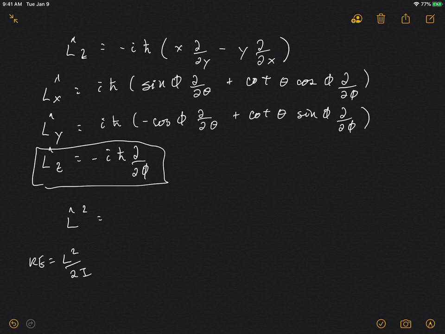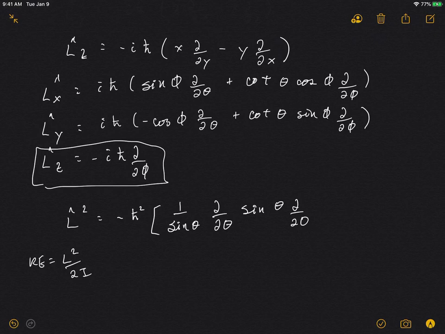And so you're going to end up with an expression that looks familiar: minus h bar squared, one over sin theta d/d theta sin theta d/d theta, plus one over sin squared theta d squared/d phi squared.